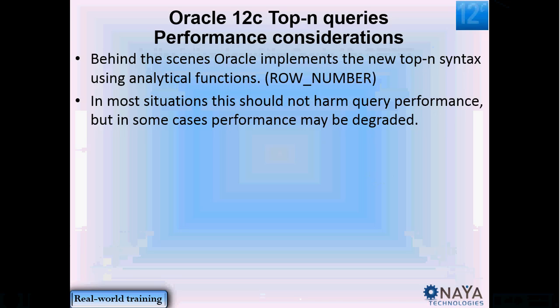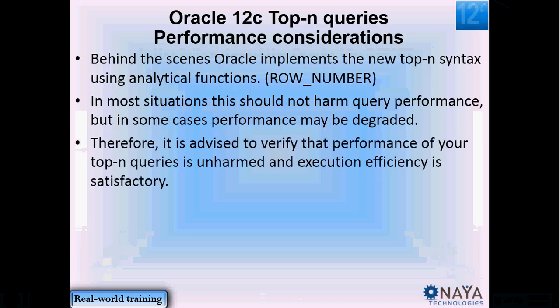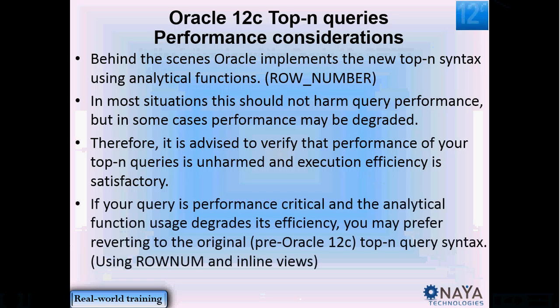In most situations, it should not harm your query performance, but in some cases performance may be degraded. Therefore it is advised to verify that the performance of your top-N query is unharmed and the execution efficiency is satisfactory. You can take a look at the execution plan and the execution statistics and verify that everything is in order.